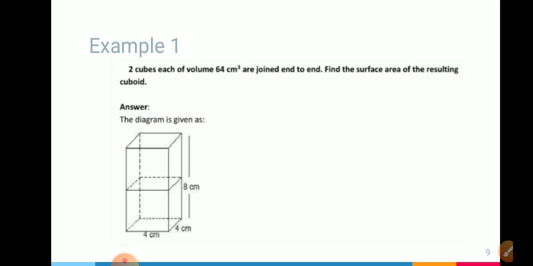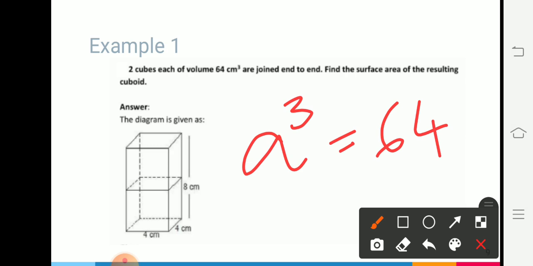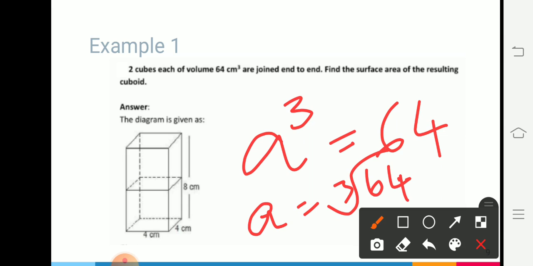Now because the volume has been given as 64 cm³, you know that the volume of the cube is equal to a³. So a³ is equal to 64. To take out a, you will have to take out the cube root of 64, which is equal to 4.